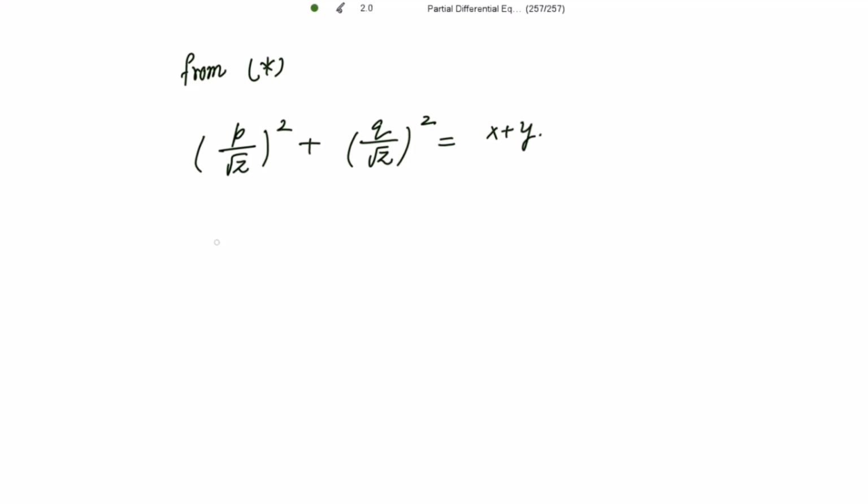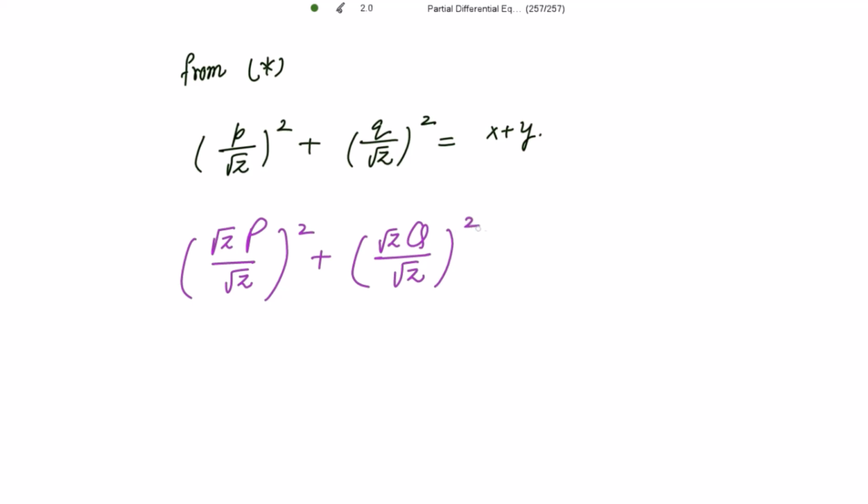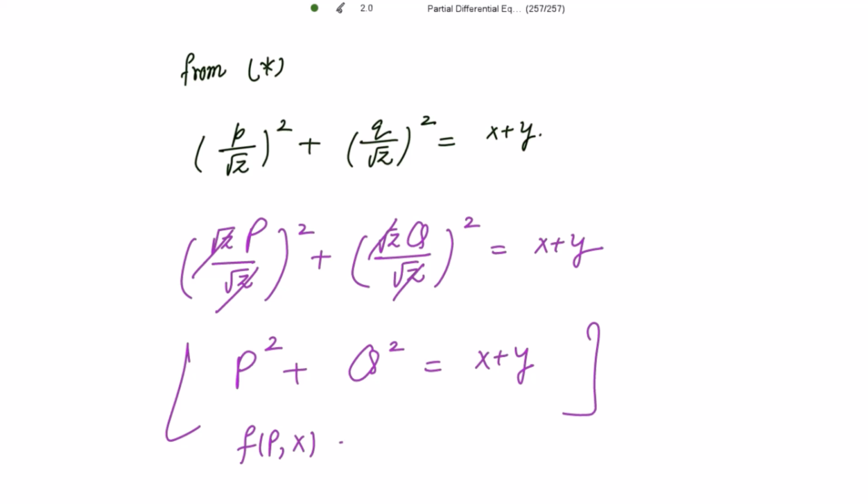Further, small p is √z into capital P, divided by √z whole square, plus small q is √z capital Q divided by √z whole square, equal to x + y. So these cancel out, and finally we have an equation of the third standard form, that is f(x,P) = g(y,Q).